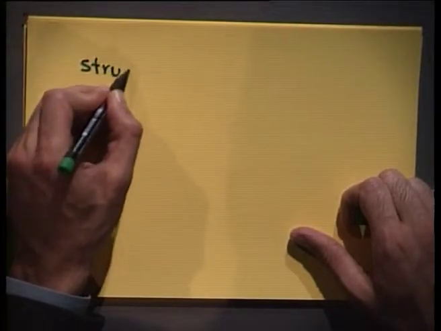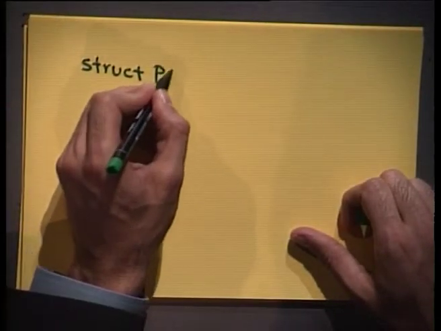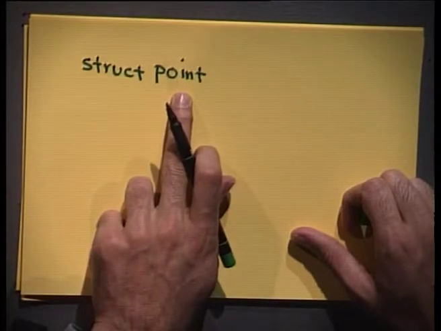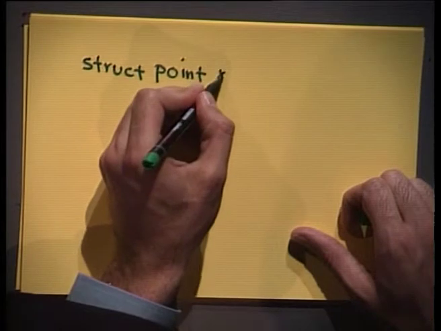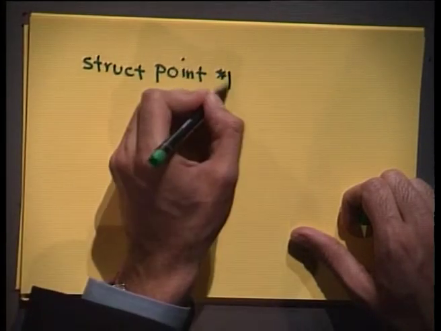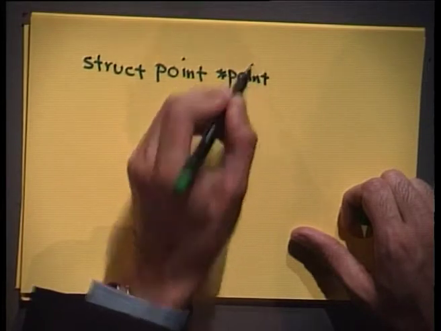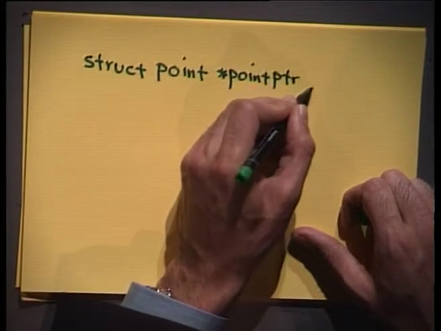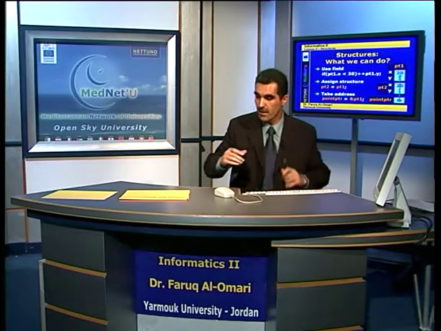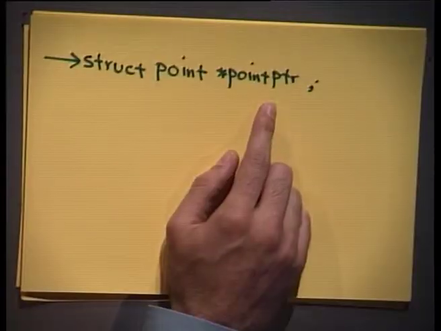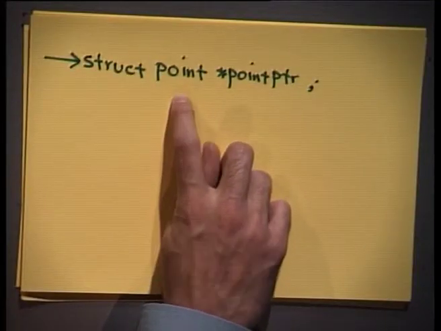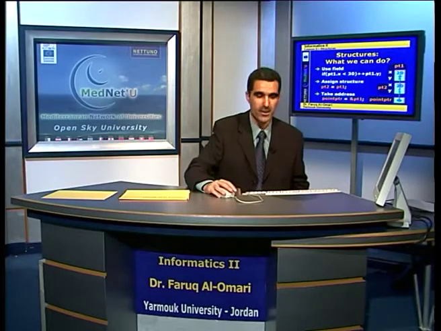struct point, and this is the name of the structure we defined, and then this time with an asterisk here, and I'm going to call the variable point_ptr. So this is the declaration statement, which defines point_ptr to be a pointer of type point, which points to a structure like this.